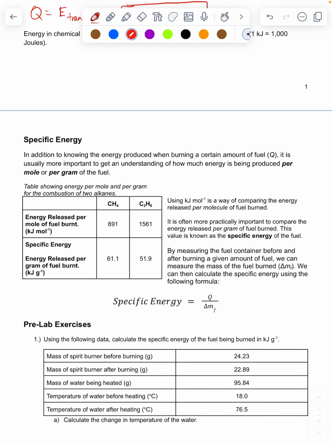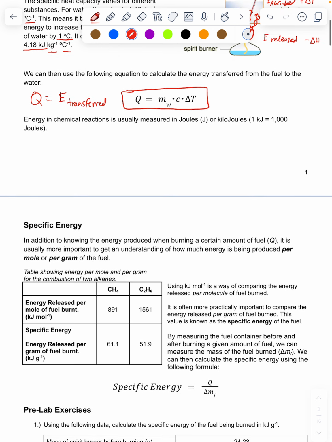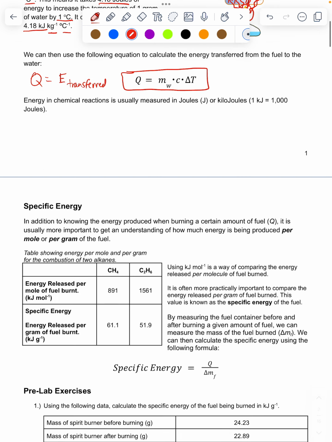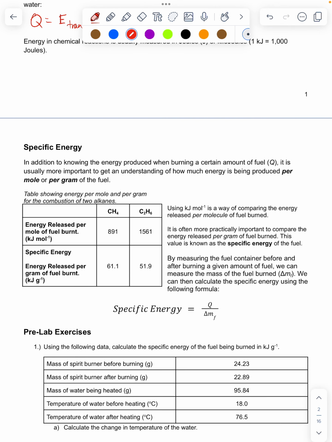Now, probably more important than just calculating how much energy was transferred into water by a particular reaction is knowing how much energy was being given out per mole or per gram of that fuel. Remember that comparing things on a per mole basis is a way of talking about it on a per molecule basis, whereas comparing it per gram is about the actual mass of fuel that's being burned.